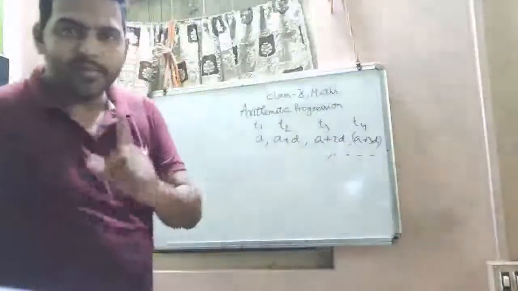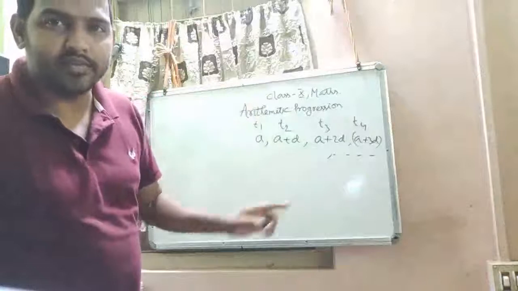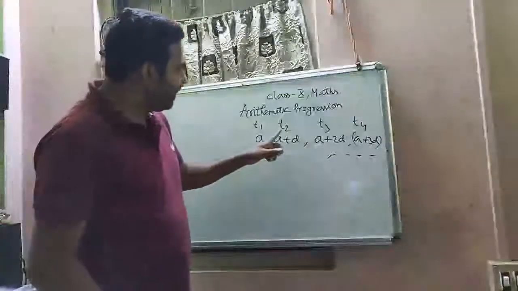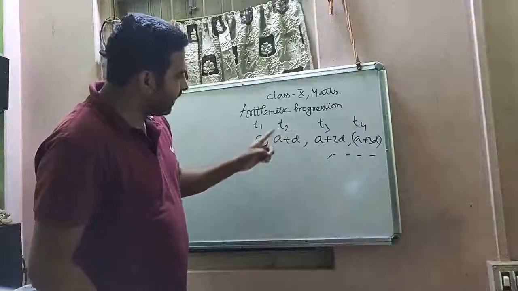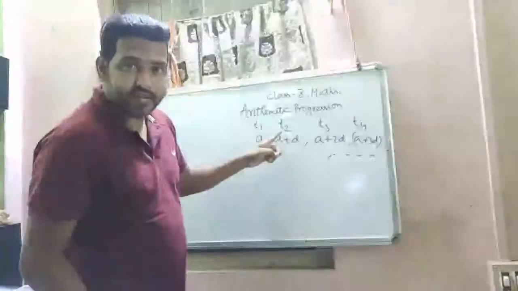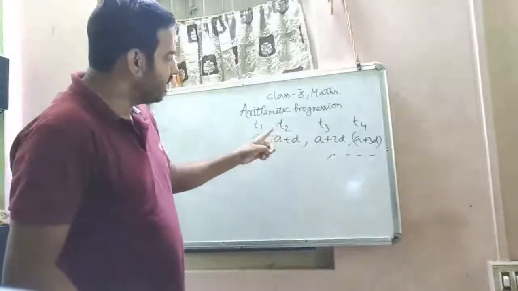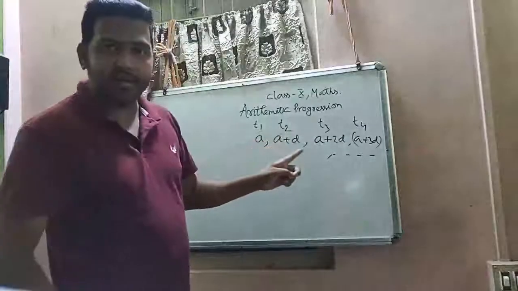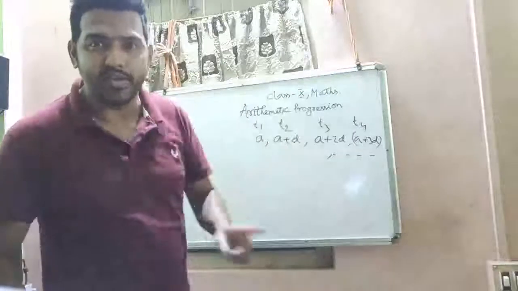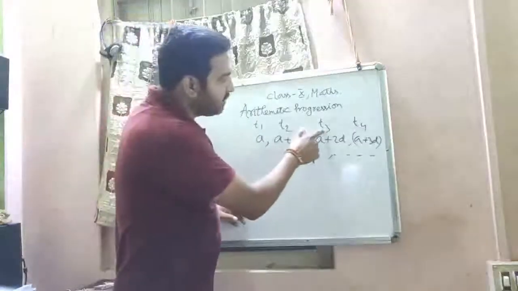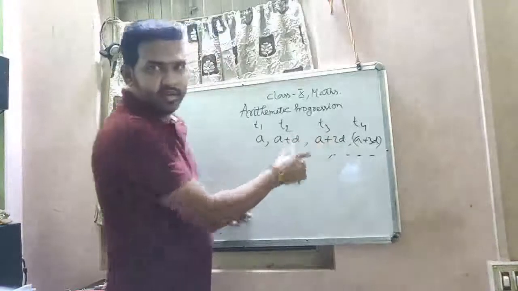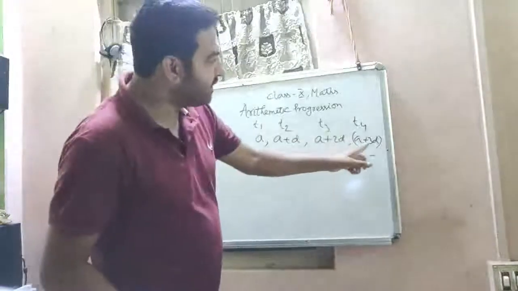Now if you observe the series carefully, how is the second term represented? A plus d, one time of d, second term. Third term, a plus 2 times of d. Fourth term, a plus 3 times of d.